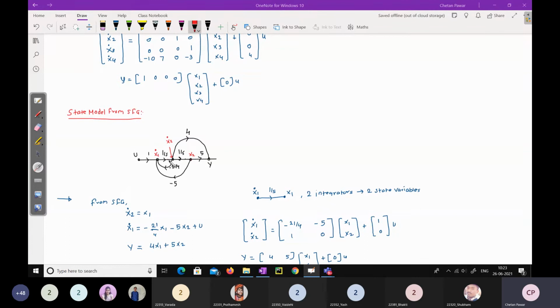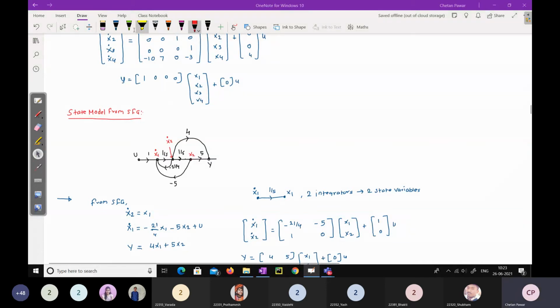Okay, so there is no issue of taking this point as x1 or this point as x2. You just need to put that correctly. I have taken this point as x2. What is the input of this integrator then? x2 bar.